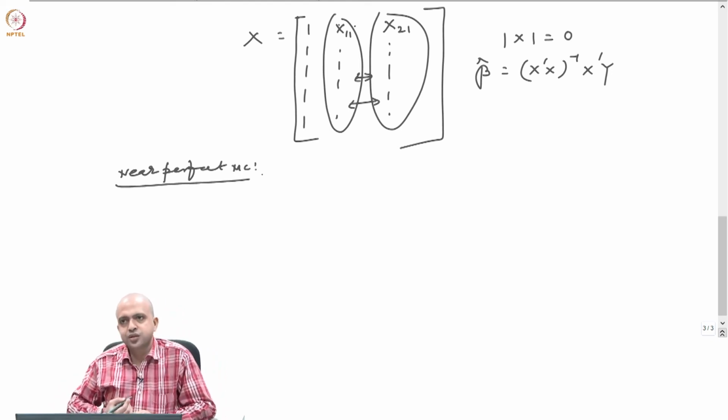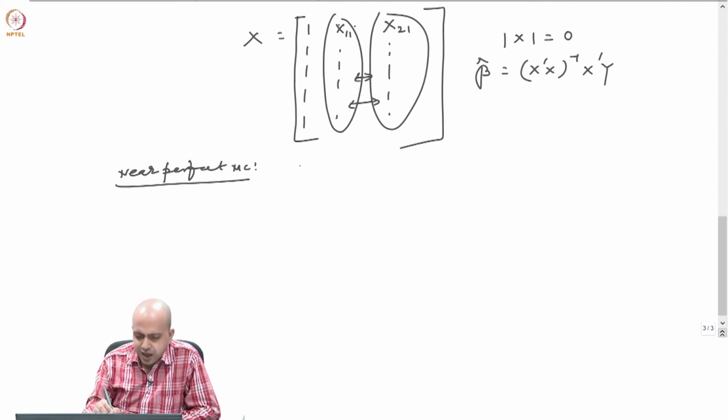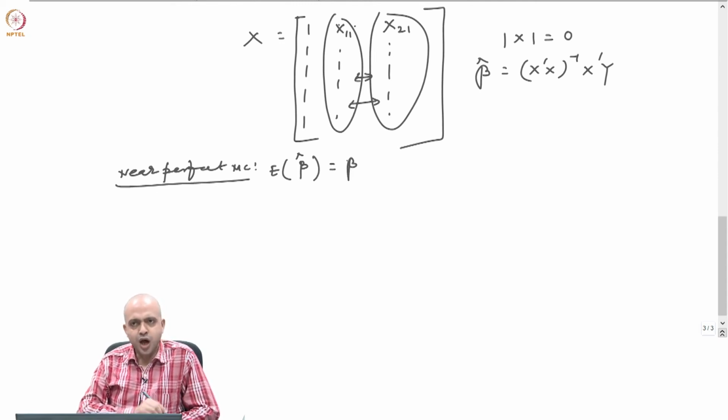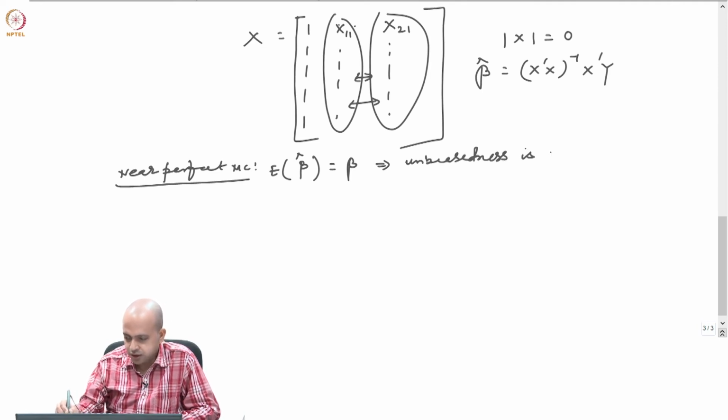What would be the consequence? See, in your estimates, if you take the expectation of beta hat, it is still beta. That means the unbiasedness property is still satisfied.